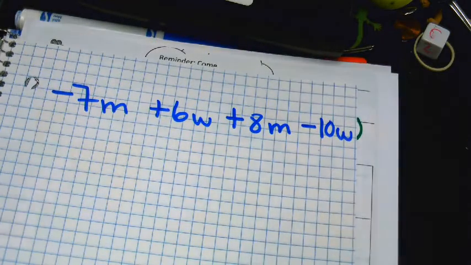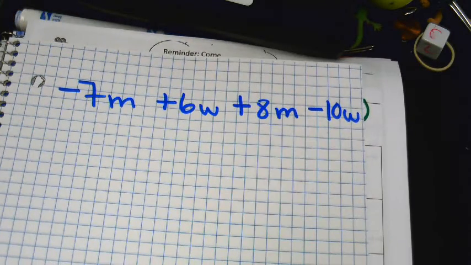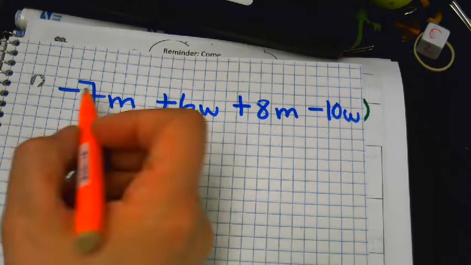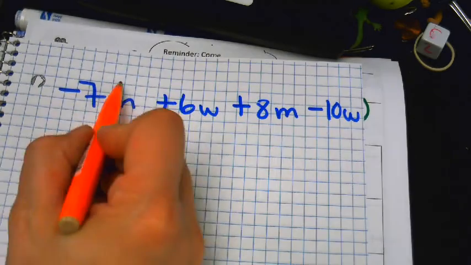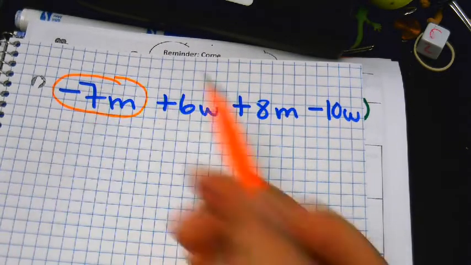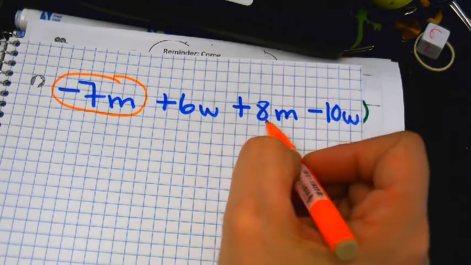All right, now we're moving on to something a little bit different. First period had a really hard time with this because they did not see that this is a negative 7m, and then 8m.